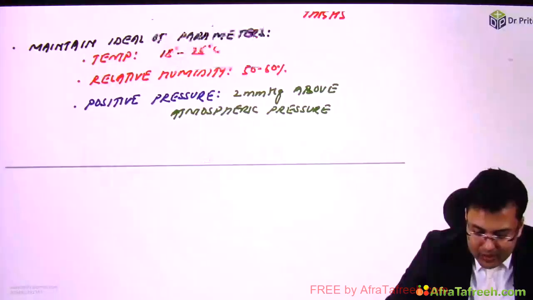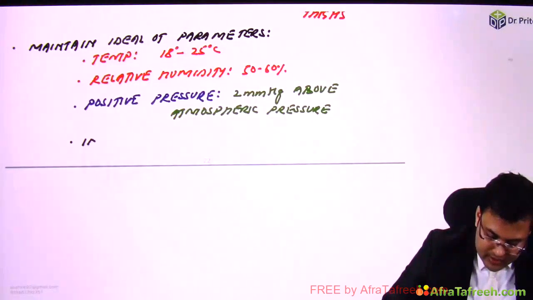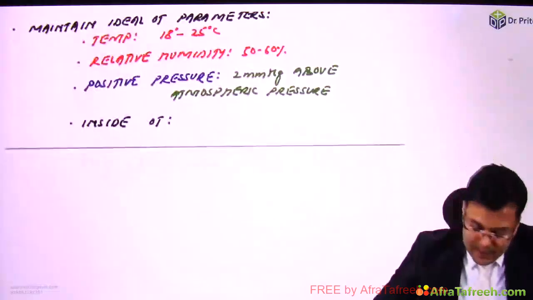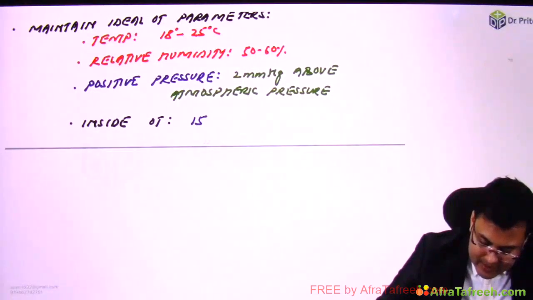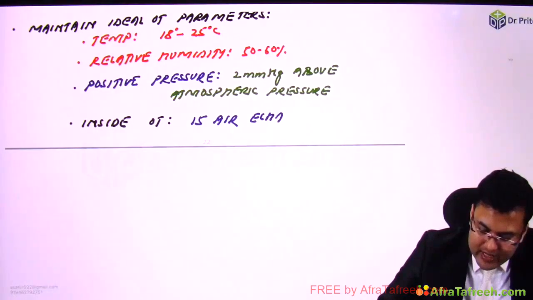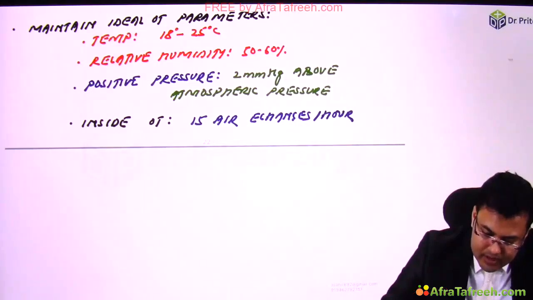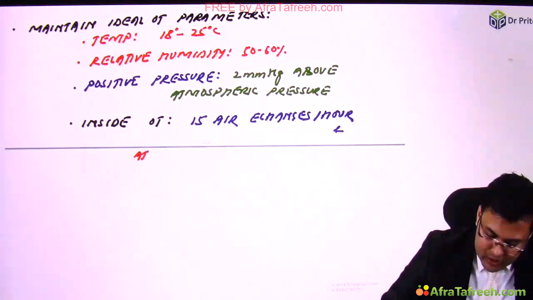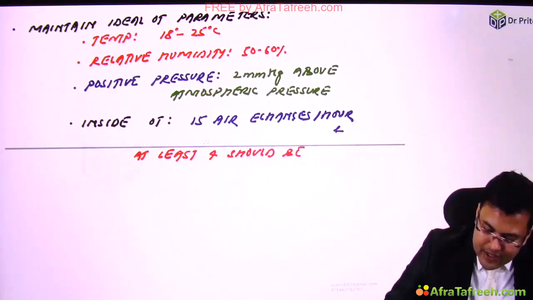And inside the OT, how many air exchanges should occur? Minimum 15 air exchanges per hour, and out of these, at least 4 should be fresh air.